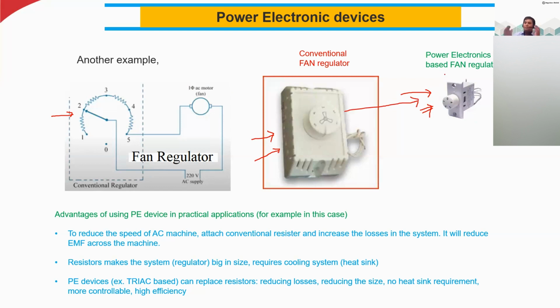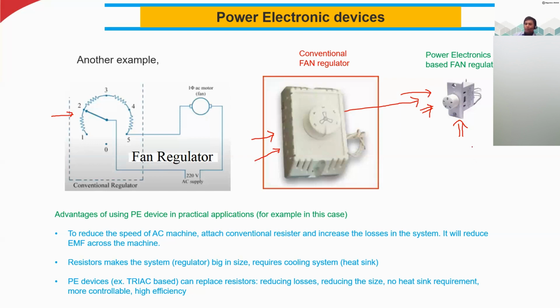Power electronics: the size is smaller, the cost is low, the efficiency is high. You can achieve the same speed control of the fan by using this fan regulator, but it also occupies much less space when you install. It's easy for the installers. Maybe some of you already have working experience as an electrician, right?